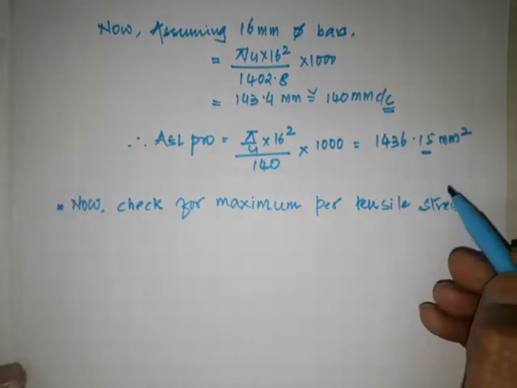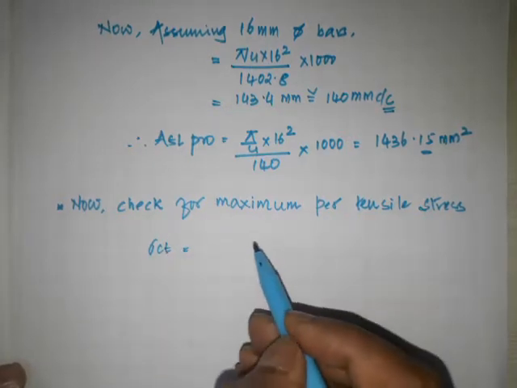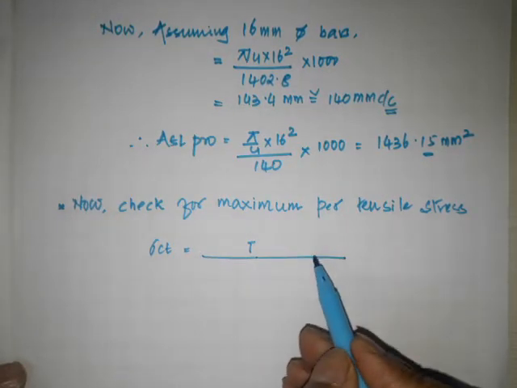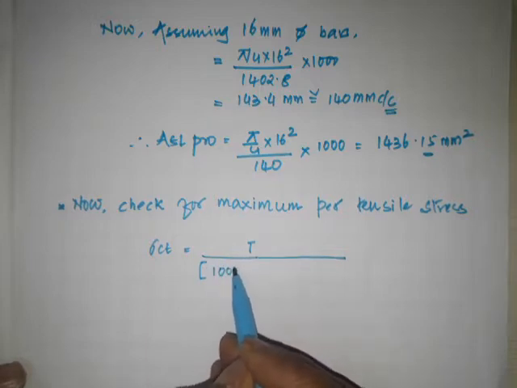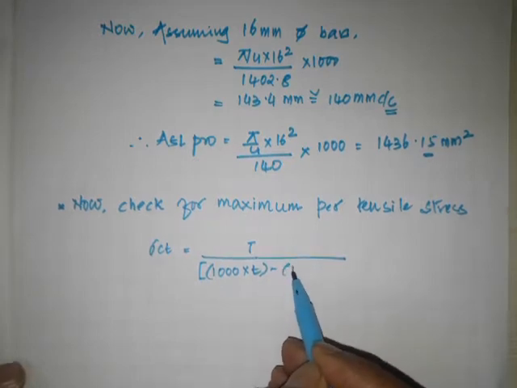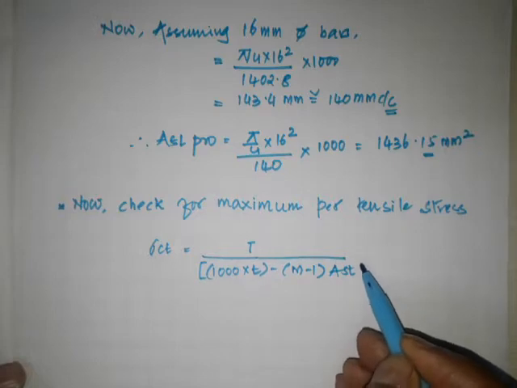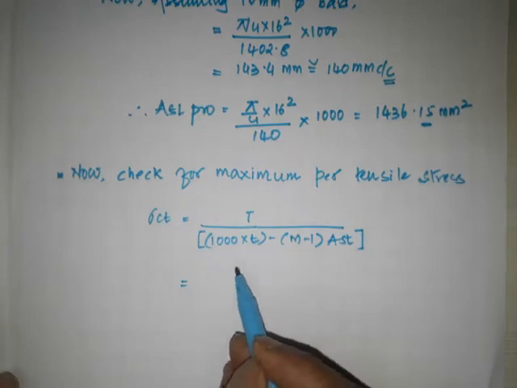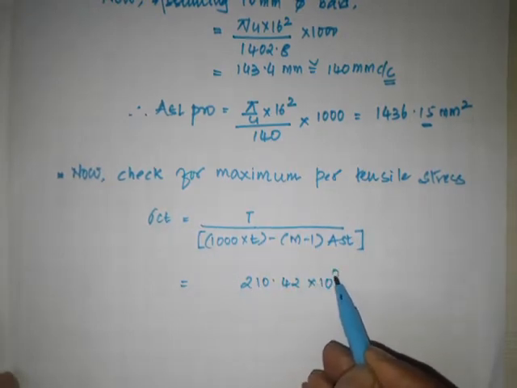Check for maximum permissible tensile stress, sigma CT is equal to T divided by 1000 into T minus m minus 1 into AST. You have to remember this formula. Okay, so by substituting here, T is 210.42 into 10 raised to 3.